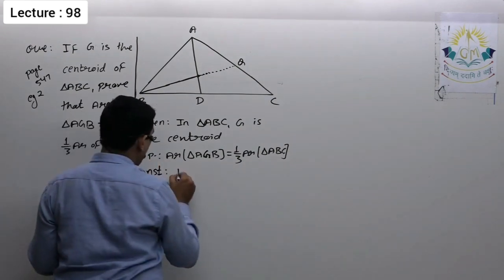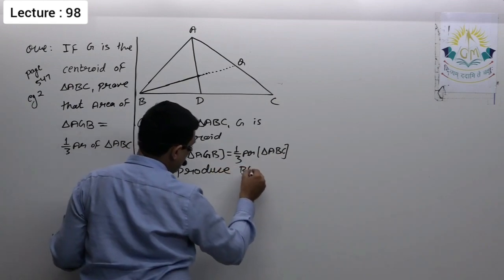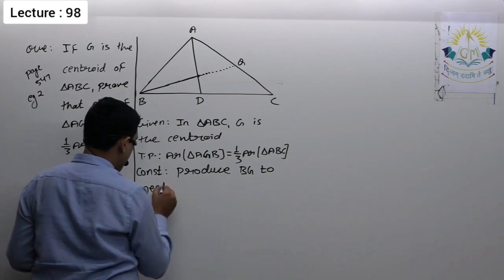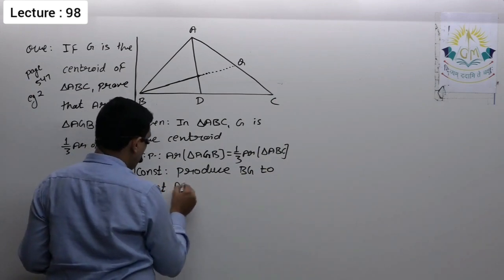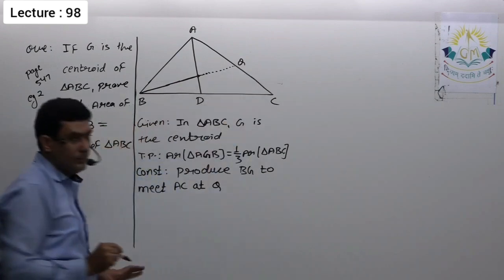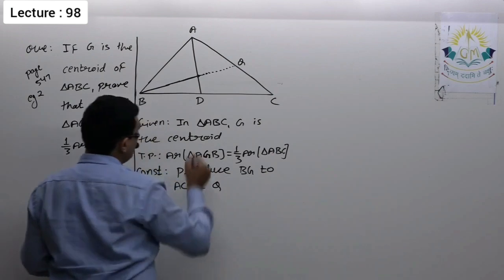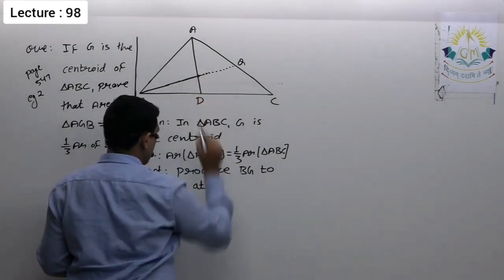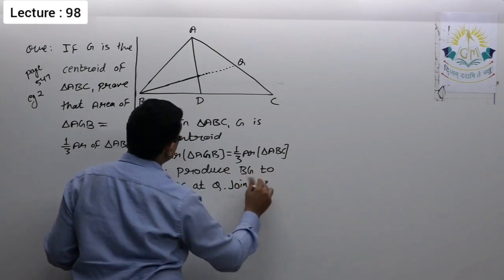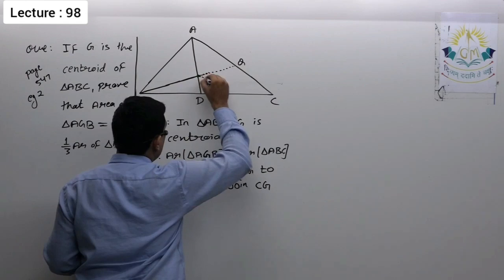Produce DG to meet AC at Q. So this BQ will become a median because it is passing through the centroid. AD is already a median. Also join CG.